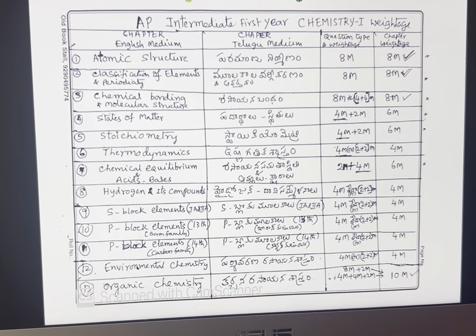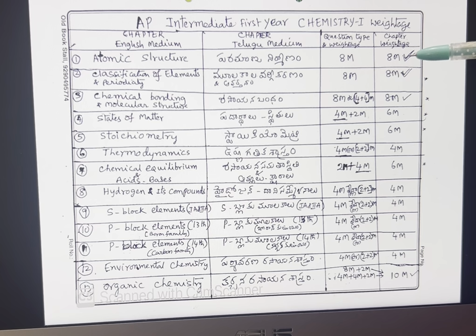Study them completely, with all important questions. Then the possibility of passing is 90%. You should not leave any part of those chapters. You have to study and answer all important questions and all important bits.